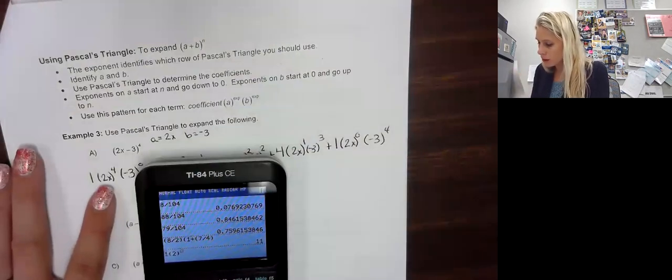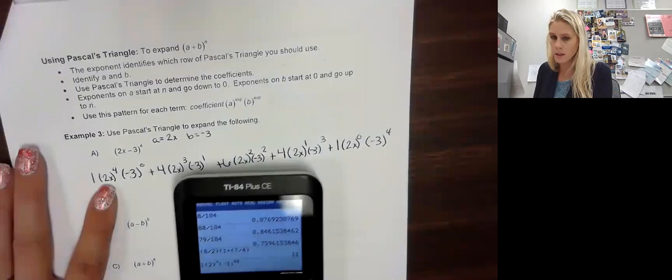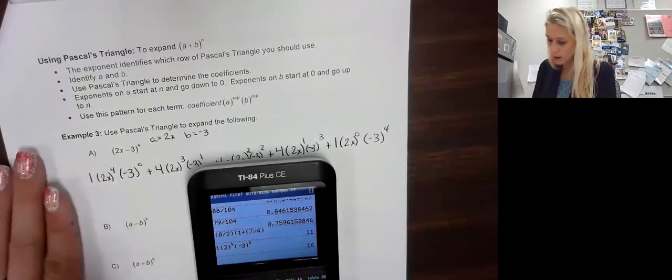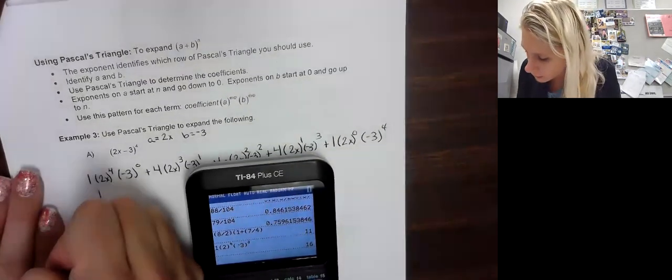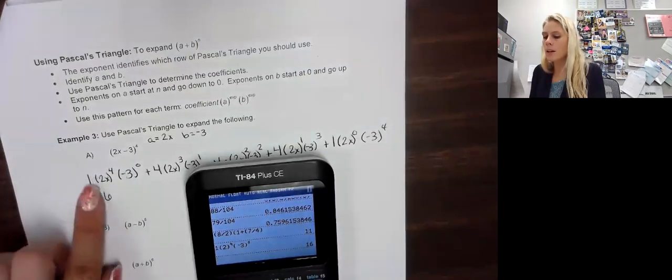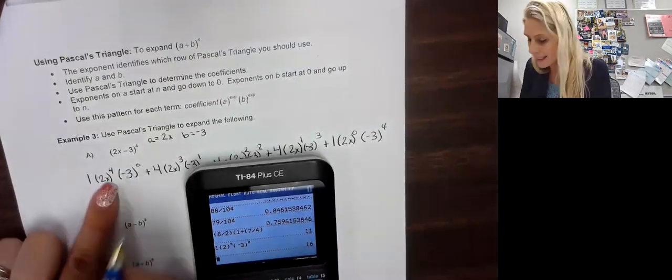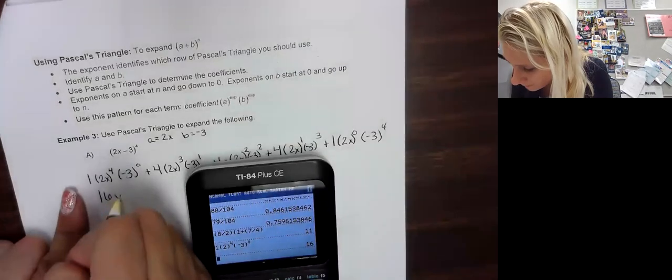Close parentheses to the fourth, -3 to the 0. Again, you won't have to do the 0, 1 when you get in the habit. Enter. We get 16. So I get 16 from a number, but now I look at my variable. Those were x to the fourth.